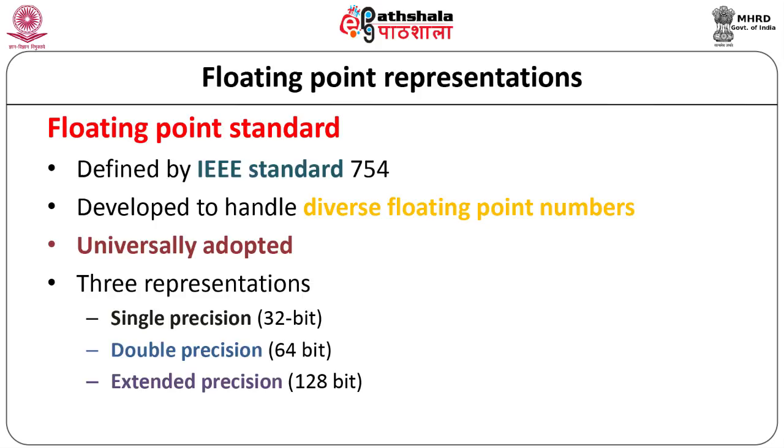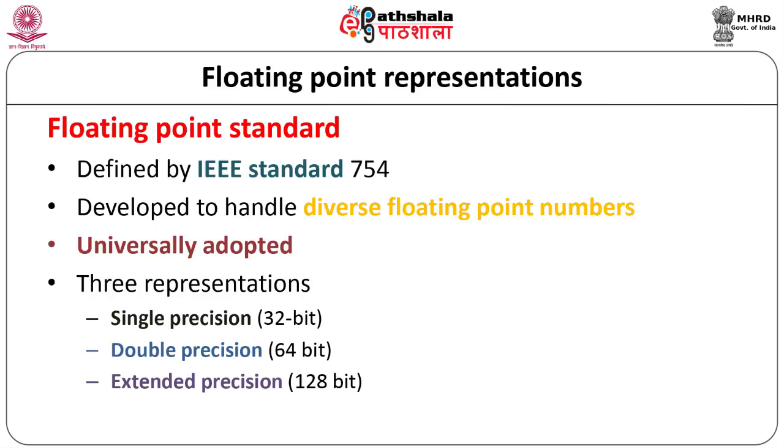The standard has been widely adopted and used on virtually all contemporary processors and arithmetic coprocessors. IEEE 754 covers both binary and decimal floating point representations. It defines different ways to represent binary numbers in memory.